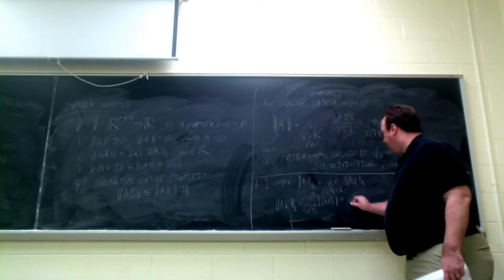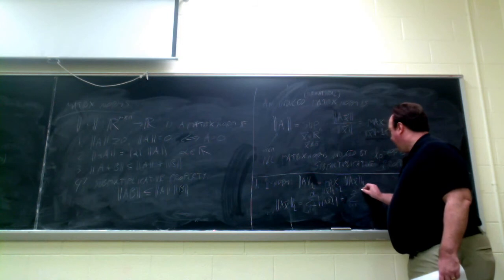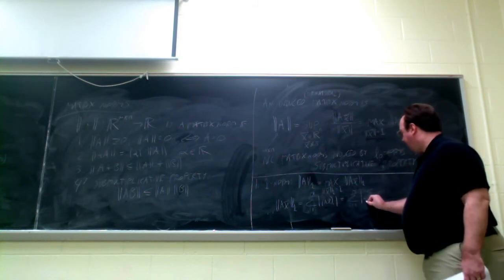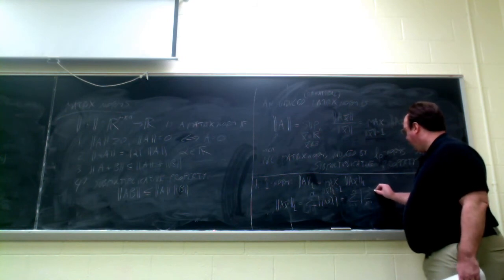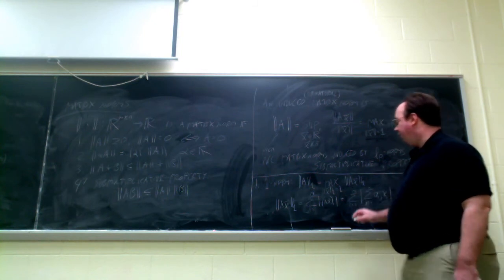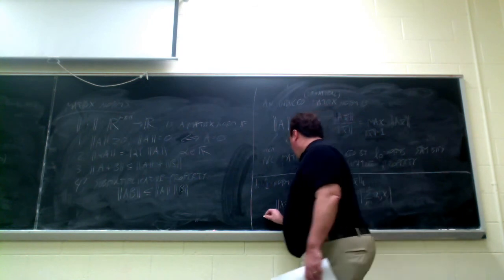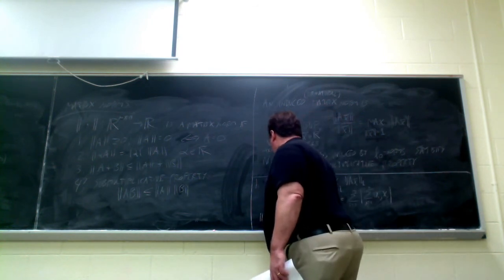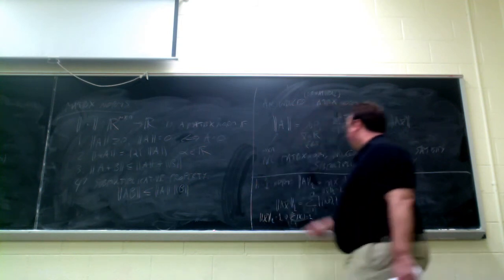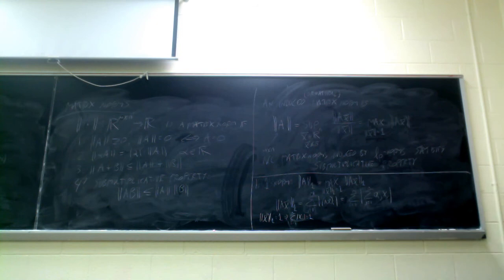But now I can fill in the formula for the matrix-vector product. So this is equal to the sum over i equals 1 to m of the absolute value of the sum, j equals 1 to n, of a_ij x_j. Now, we're assuming that x has a one norm of 1. That means the sum of the absolute values of all the components of x is equal to 1, and we're going to use that later.